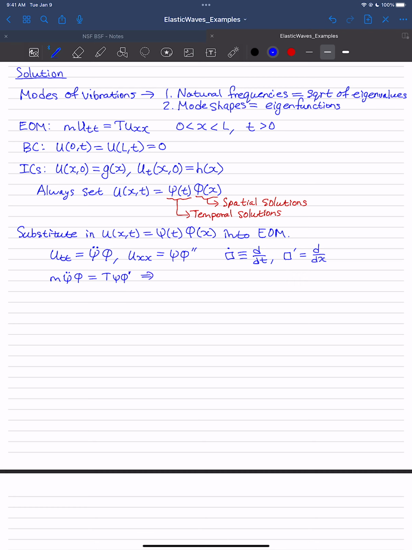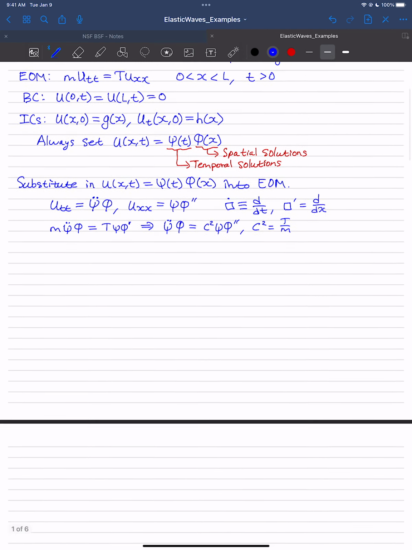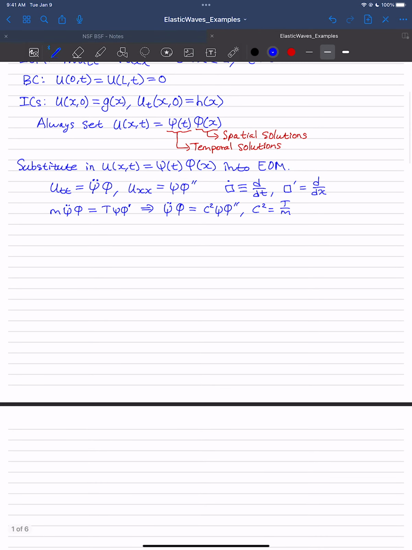Let's go ahead and divide by m and get that psi double dot times phi is equal to c squared times psi times phi double prime, and here c squared is equal to T over m, which is our speed of sound in this string. From here, we are going to divide by psi times phi.